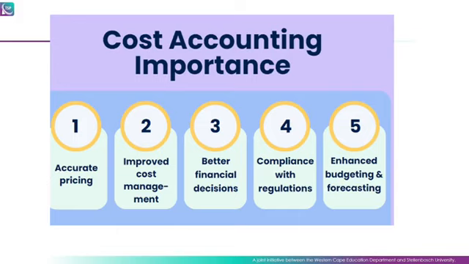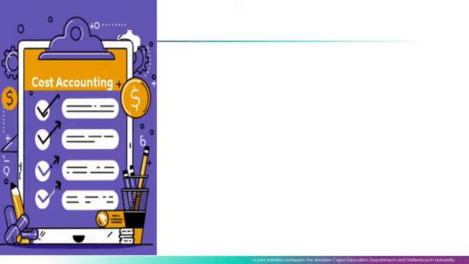It is for improved cost management, to make sure that we're not overspending on certain items or even underspending on others, to make better financial decisions, obviously, to be compliant with regulations, because remember, we're dealing with a factory or manufacturing concern, and there are certain compliances and regulations that go with it, and to enhance budgeting and forecasting. So that is one of the reasons why we have cost accounting.